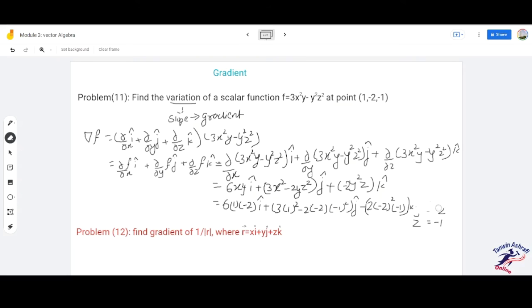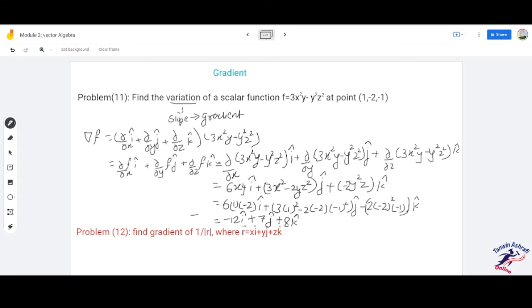Let me write k cap. That leads us to minus 12 i cap, then 3 minus plus 2, 2s are 4, 3 plus 4, 7 j cap, and minus 2 whole squared is 4, minus plus so plus of 4 twos are 8 k cap.